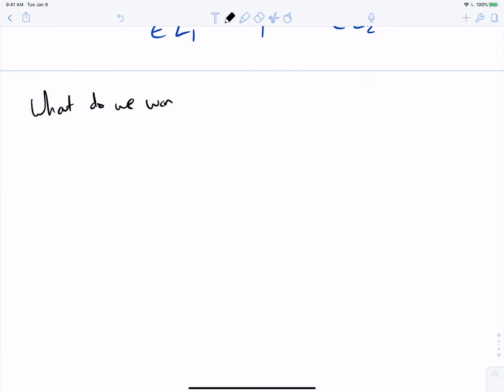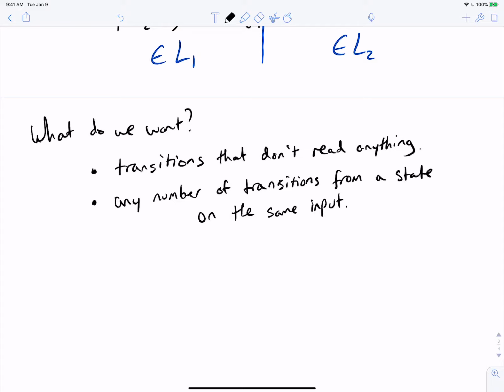It turns out that this second point, we can allow into the model, and it doesn't change the fundamental power of the model, what things it could compute.